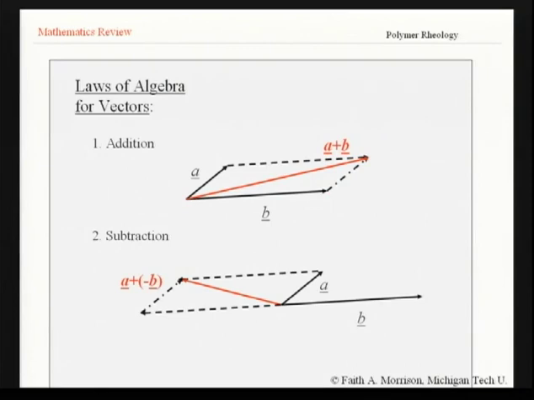So in order to figure out whether the subtraction of A minus B points in the direction I show here or in the opposite direction, you can get it right every time if you take A and add the minus of B. So the negative of B is this vector. And when you add two vectors, you connect them tail to head. And you'll get the correct one, A minus B versus B minus A.